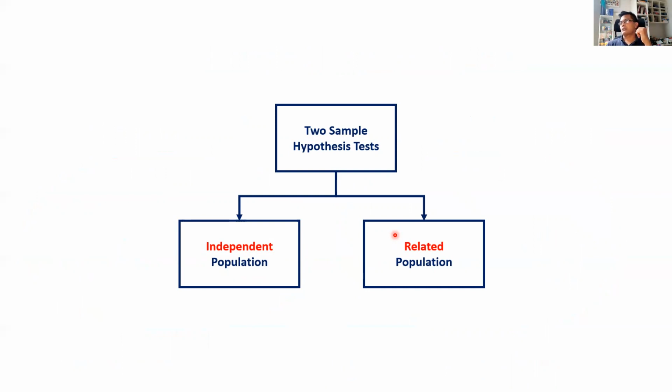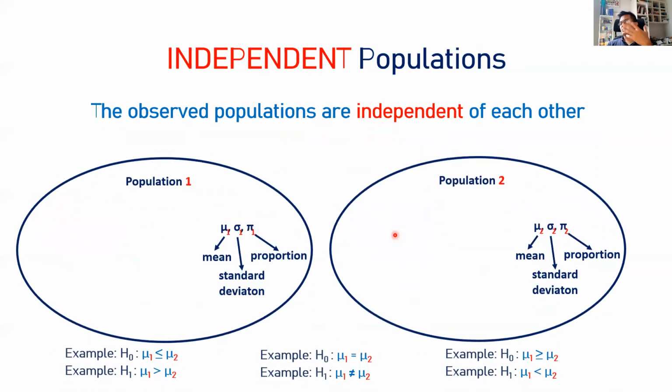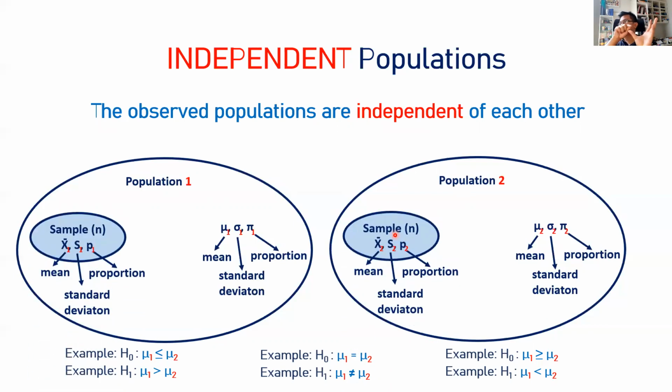For independent populations, the observed populations are independent of each other. Going again to the case of comparing the monthly income of people in Bandung and Jakarta, the sample we pick in Bandung, for example 100 or maybe 10, is randomly picked without recording the identifier of the sample.